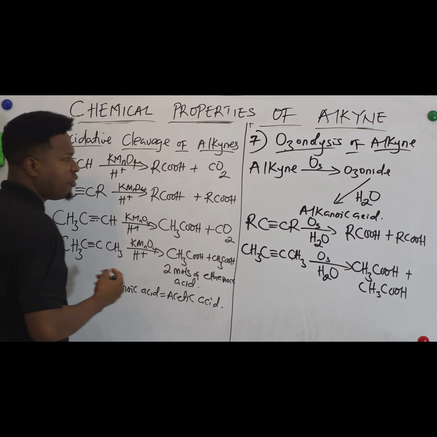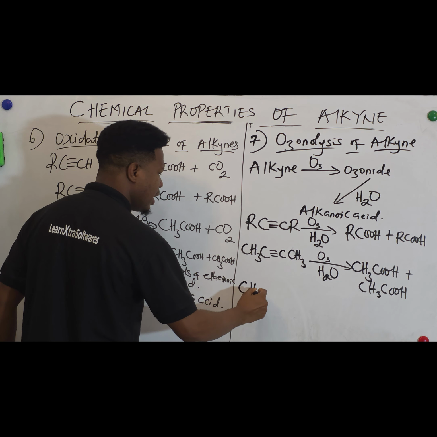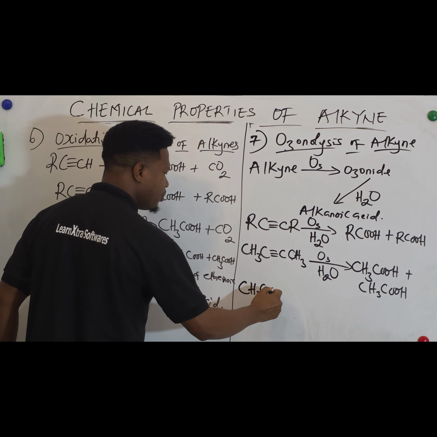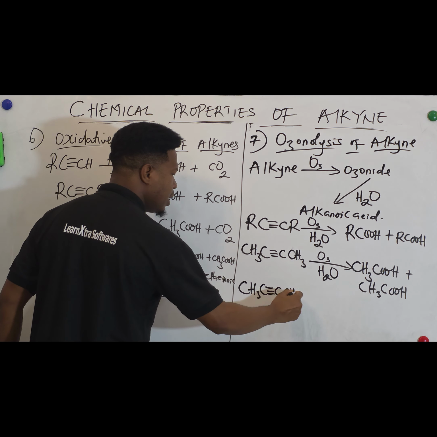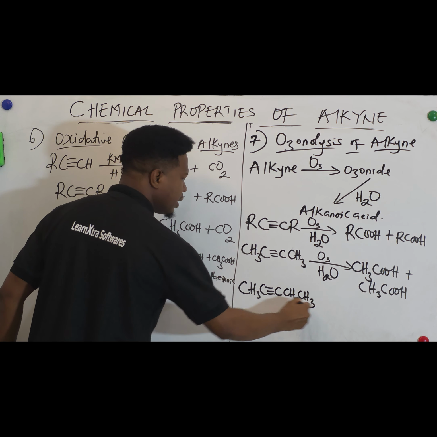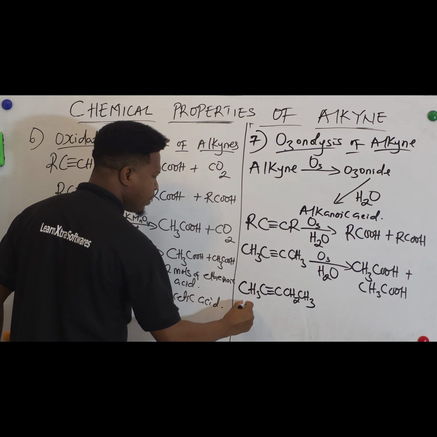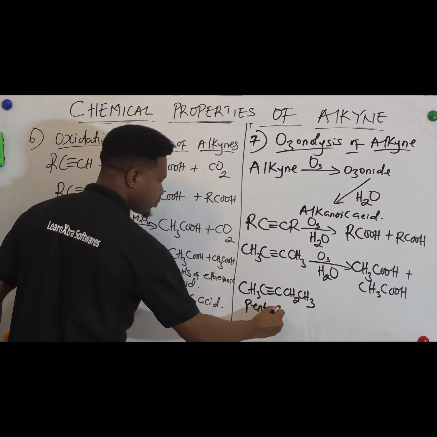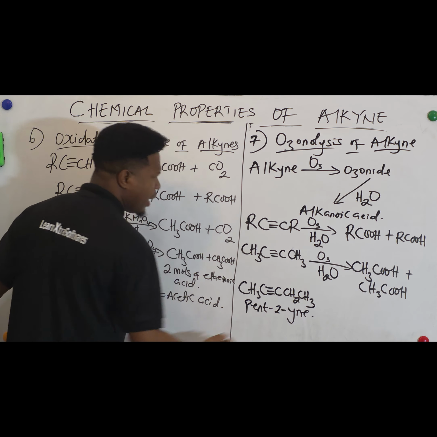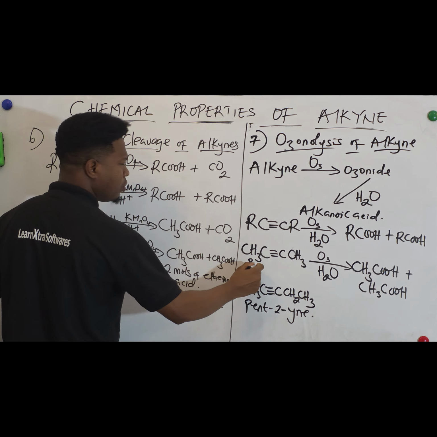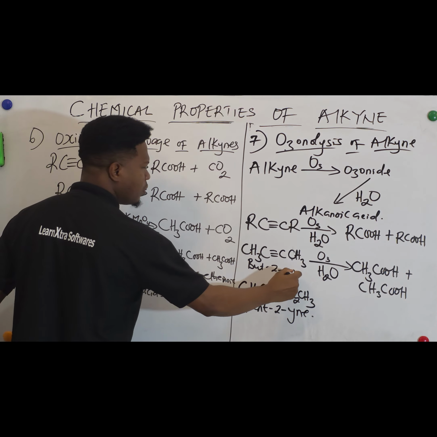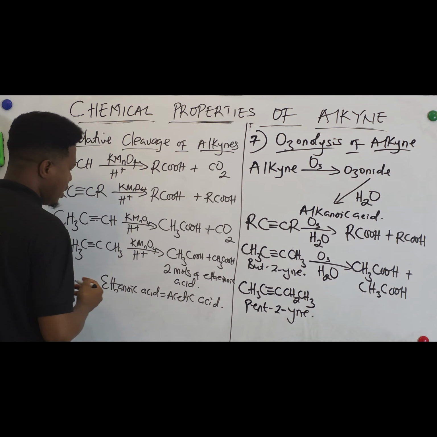Let me give you another example. Let's say I have CH3, C triple bond C, CH2, CH3. This compound, 1, 2, 3, 4, 5, is pent-2-yne.